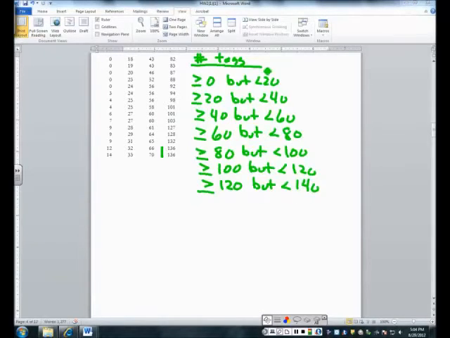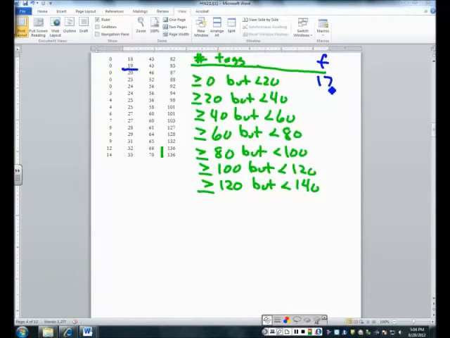So for the frequency distribution itself, we're just going to count how many are in each category. In the first category, 0 but less than 20, we have 17 values.